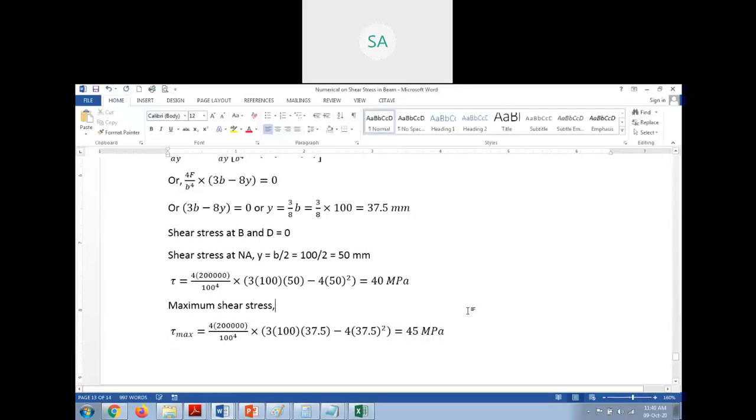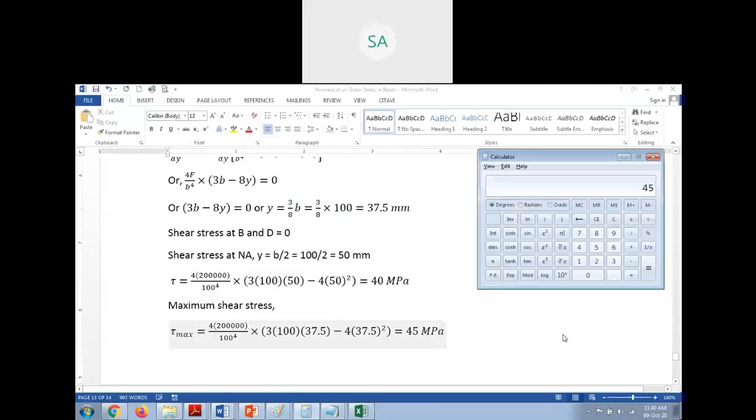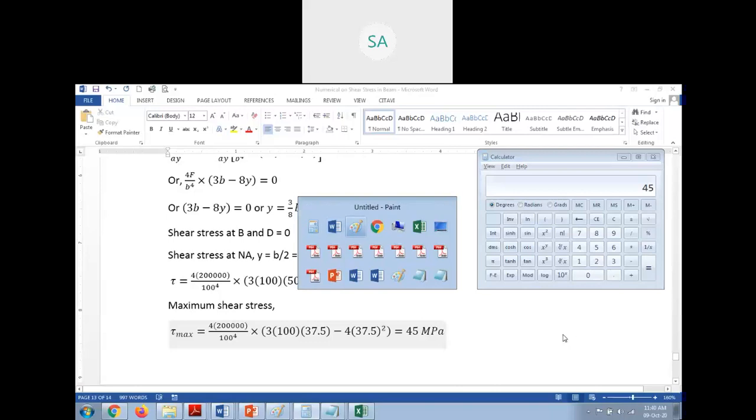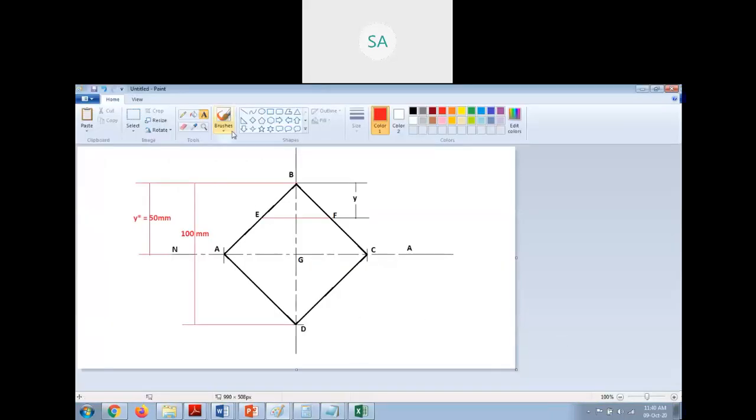Okay, so at all the salient points, I have the shear stress. Now 37.5, let me project all these values now. This is 50, BG is 50, so 37.5 is somewhere here.